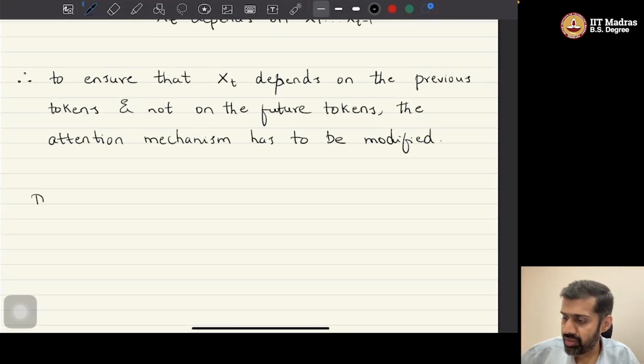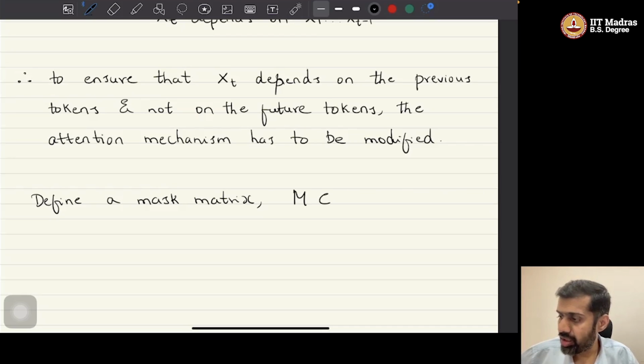So define a mask matrix denoted by M, so that M is in T cross T space.